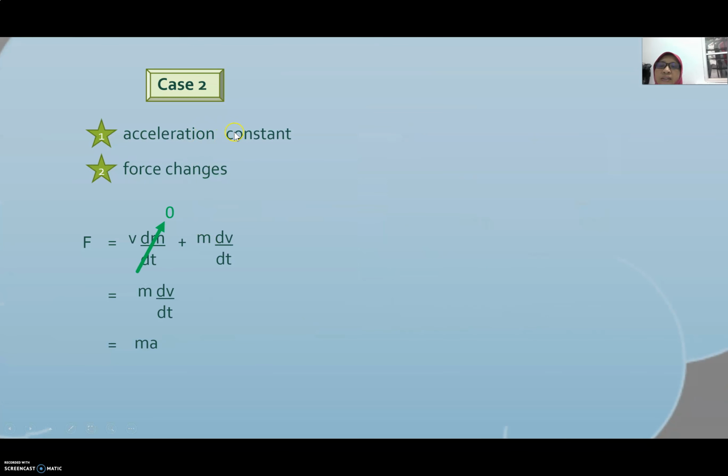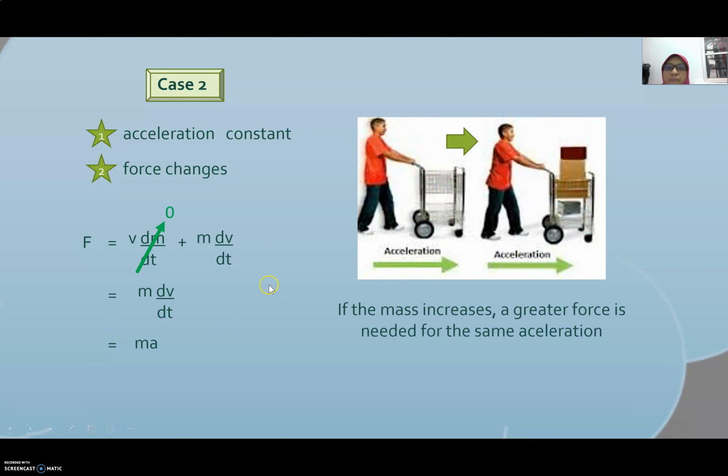In the second case, acceleration is constant and force changes. From F equals ma here, if the acceleration is constant, the changes will be in F and m. So in this example, if the mass increases, a greater force is needed for the same acceleration.